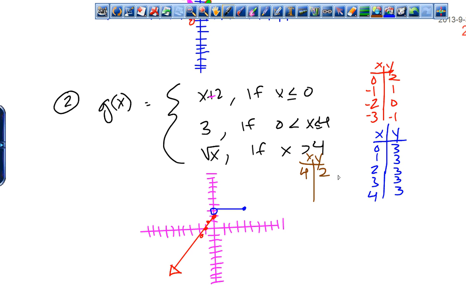What's another good x value that I could plug in? 9. Plug in 9, that's going to be 3. So at 4, I have an open or closed circle? Open circle at 2. And then at 9, I got a closed circle at 3. And square root kind of curves, doesn't it? Yeah, a little hook action. Something like that.